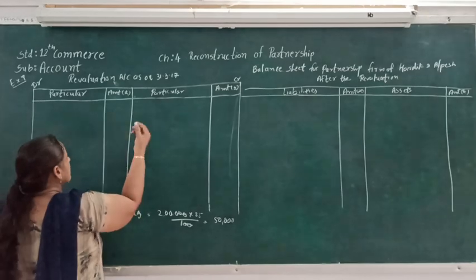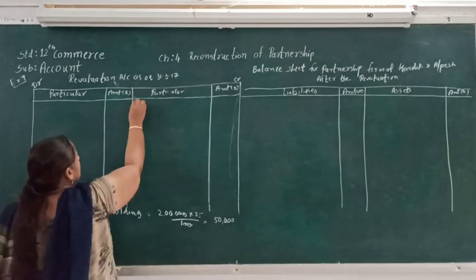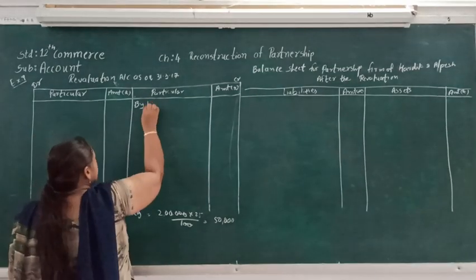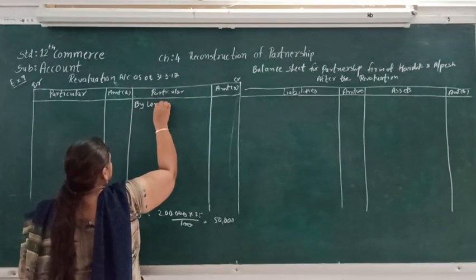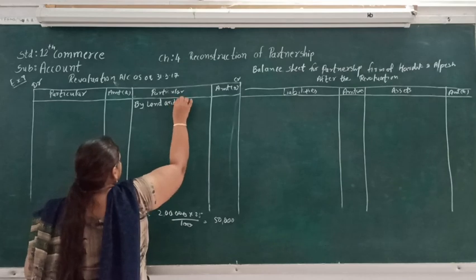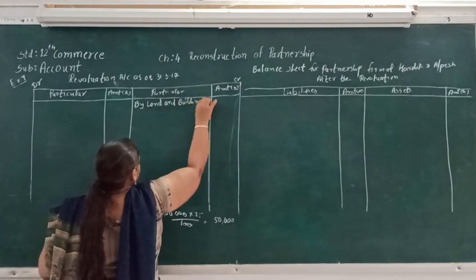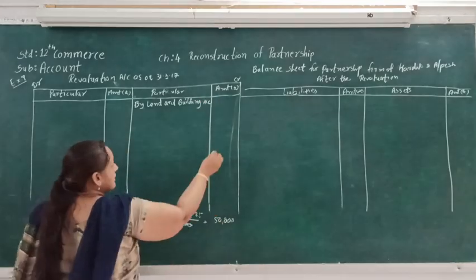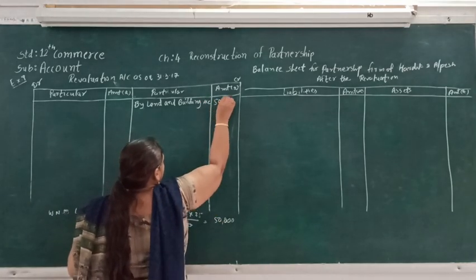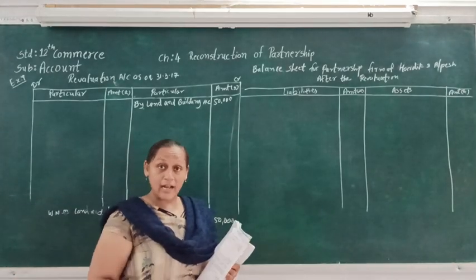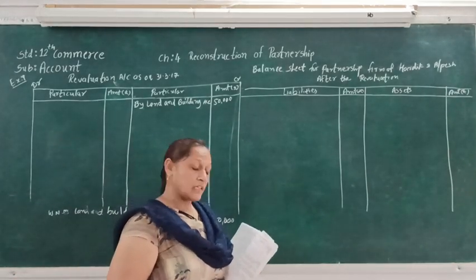So here on the revaluation account, on the credit side we are going to write by land and building account, increase 50,000, and in the balance sheet we are going to write the market value of the asset.